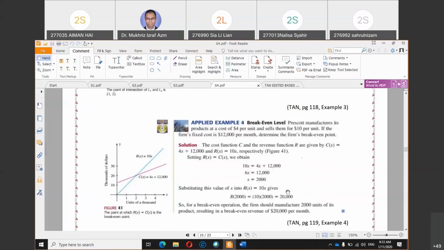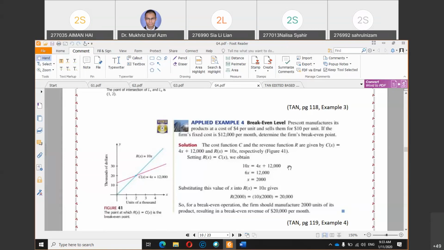So what is this example about? This example is about we substitute the value of x into revenue. So what does this first part mean? The first part means 10x, when you equate it equals to 4x plus 12,000, we find the break-even point first.